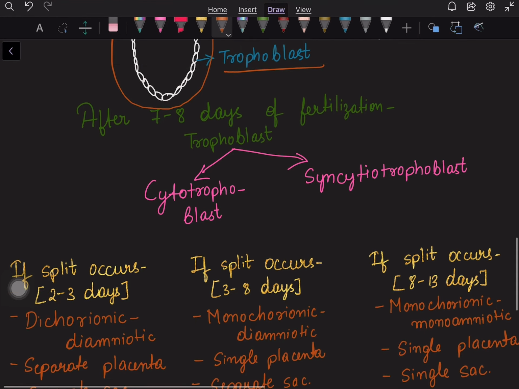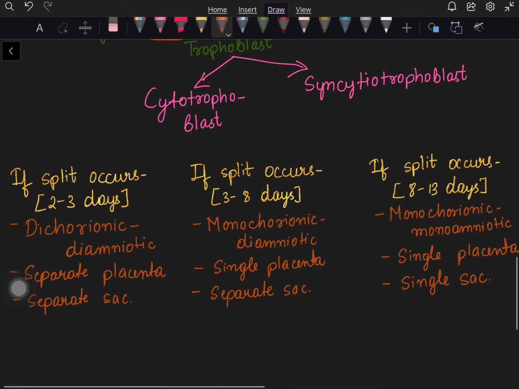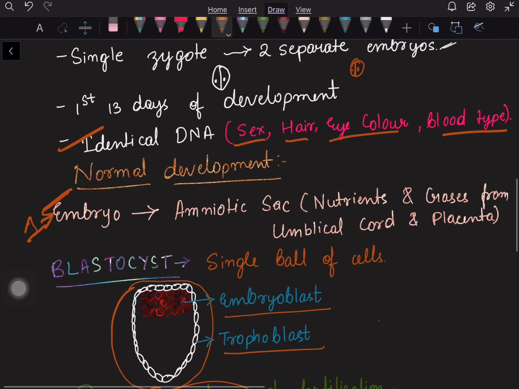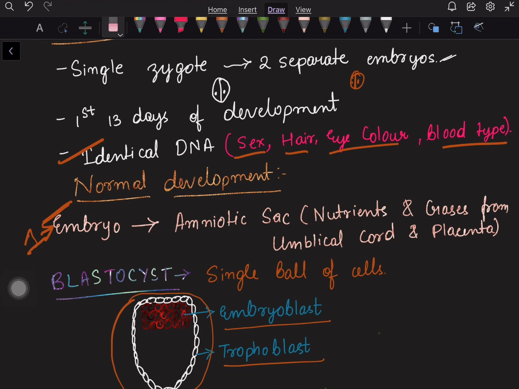After 7 to 8 days of fertilization, this happens. Here, as we have seen, there is only a single zygote. It gets divided into two embryos.